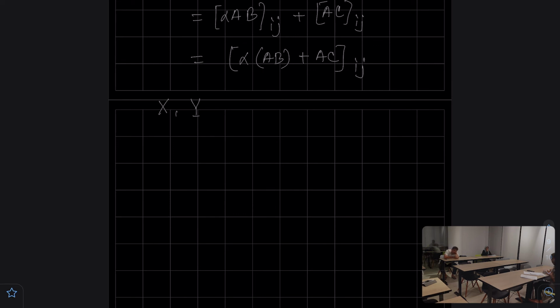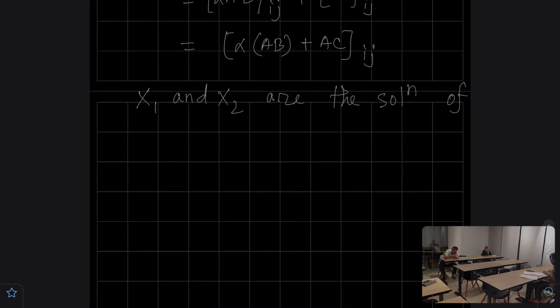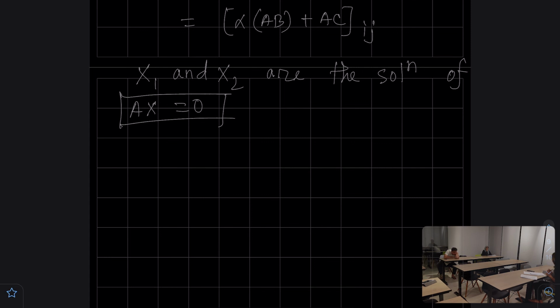Is it clear? But x1 and x2 are solutions of this system. That means this is alpha times 0 plus 0, and this is just the n cross 1 zero matrix. So the solutions of the form c u vector plus v vector are still in the solution space. That means it forms a subspace of the n cross 1 matrices, right?